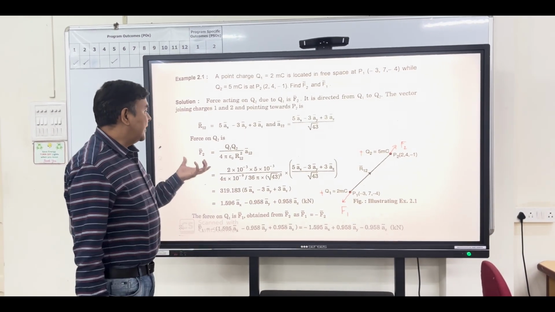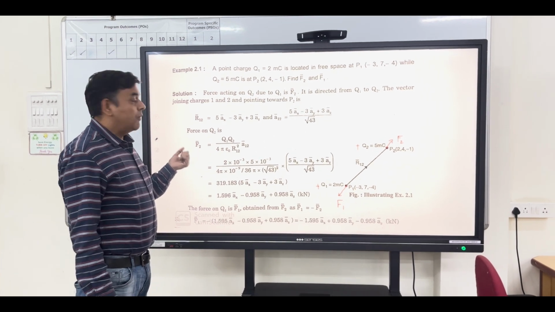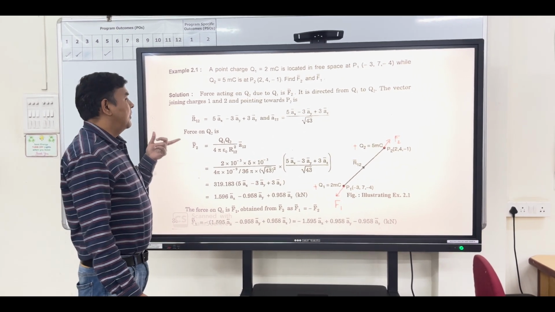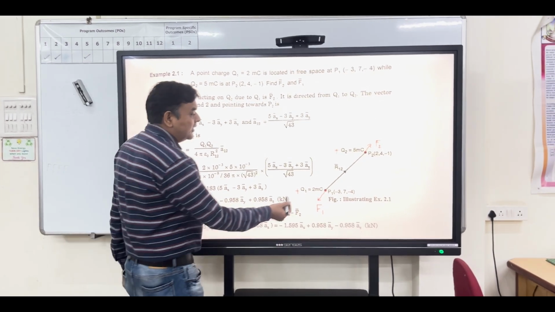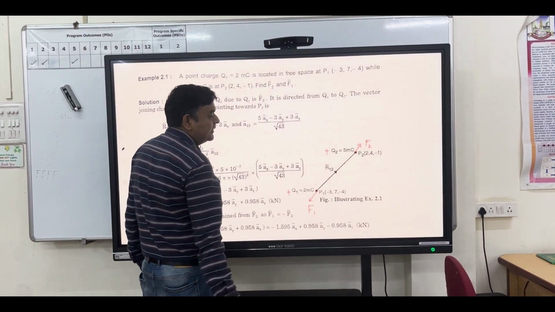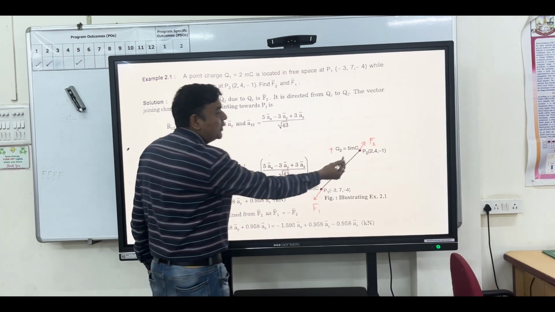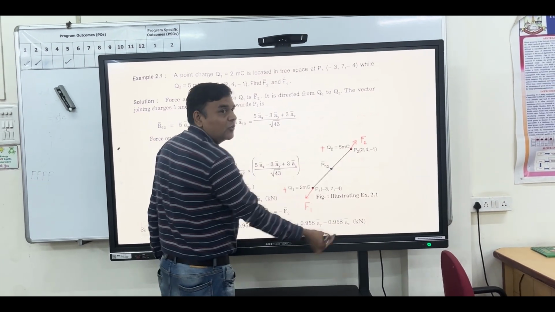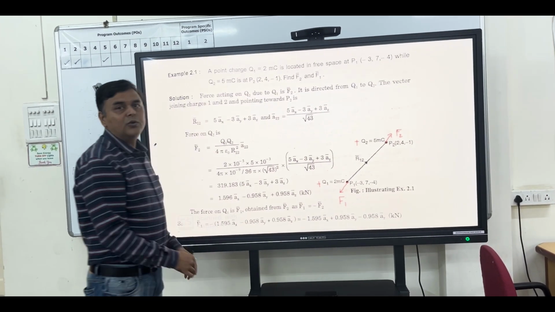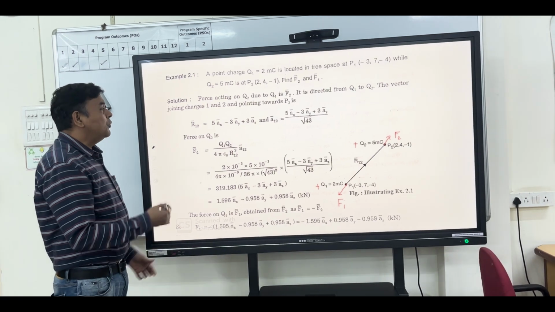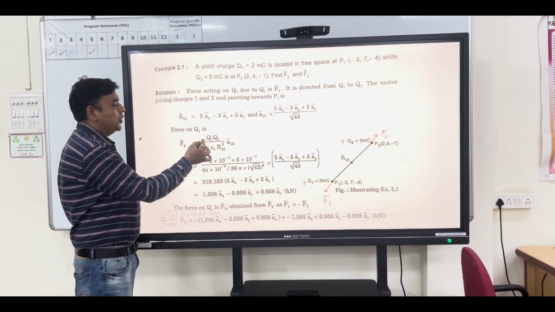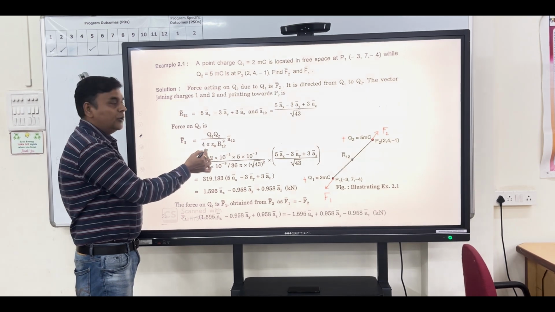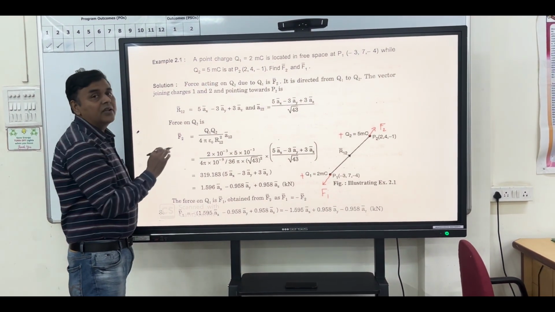So straightaway we can use the formula of the force acting between the 2 point charges. So if I assume over here the point P1 is at -3, 7 and -4, whereas point 2 has 2, 4 and -1. So first we will try to find out the force F2 over here. To find out F2, this is my formula, F2 is equal to Q1 Q2 upon 4 pi epsilon 0, then the distance square into that unit vector.